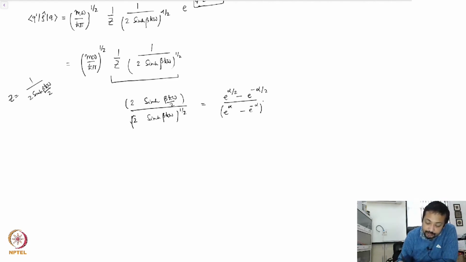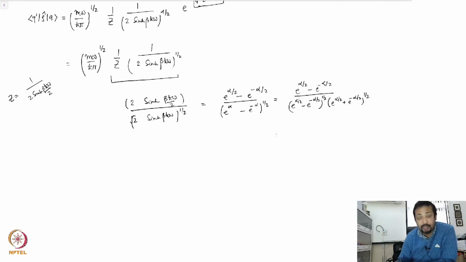And this is raised to the power half. This simplifies to minus alpha by 2 divided by e to the power alpha by 2 minus e to the power minus alpha by 2 raised to the power half times e to the power alpha by 2 e to the power minus alpha by 2 raised to the power half.